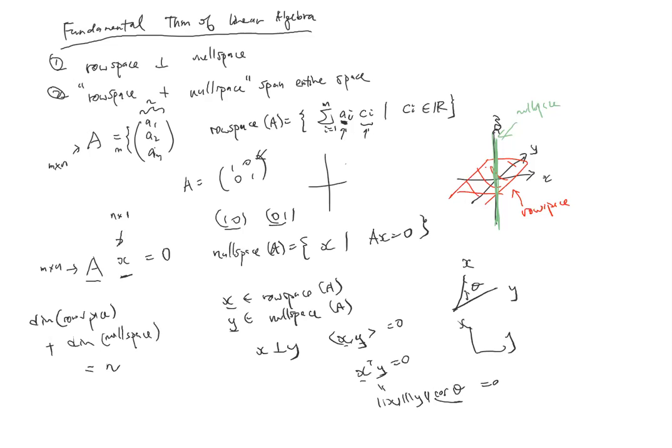For example, if I think of a vector somewhere here, this vector is equal to this vector that's in the row space plus this vector that's in the null space.